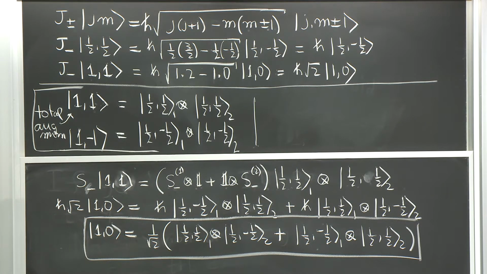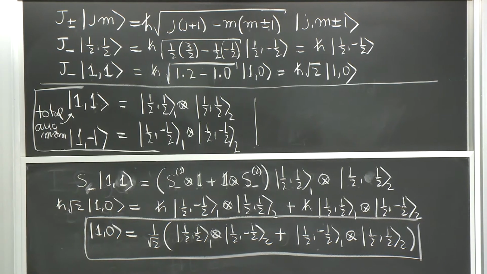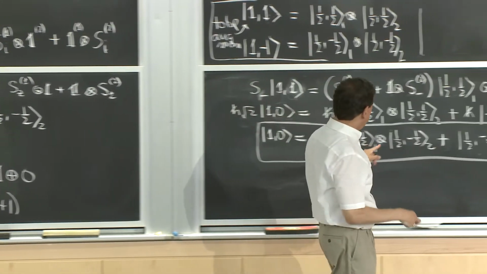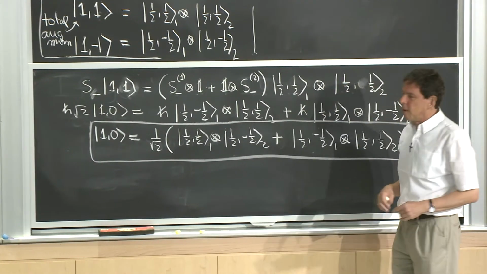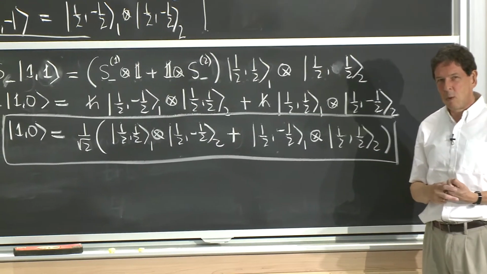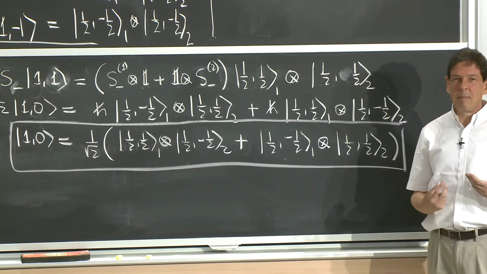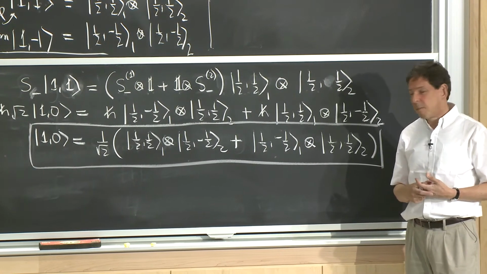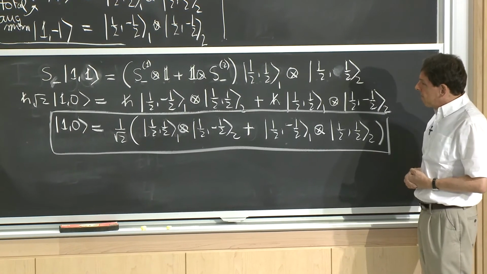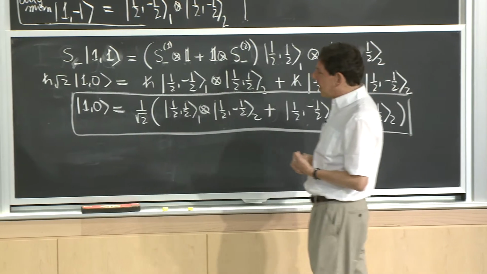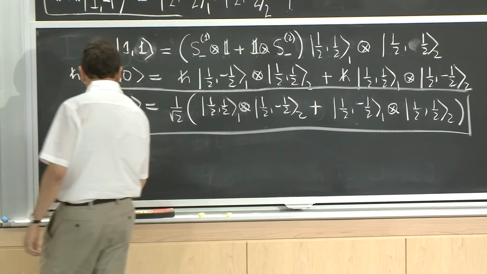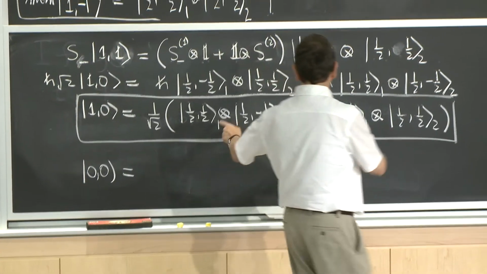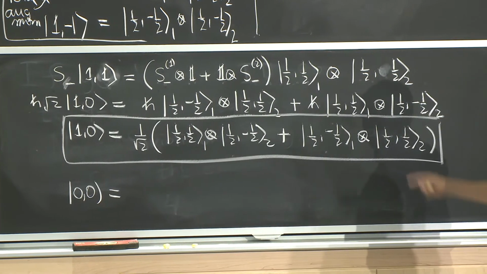What is left at this moment is to identify the state that corresponds to the other multiplet, the singlet. So there must be this linear combination of the two states with m equals 0 that belongs to the multiplet with spin equals 1, and some other linear combination must belong to the multiplet with spin equals 0. Now, this other state is the state |0,0>, and must be a linear combination of these same two states, and it must be orthogonal to this one.